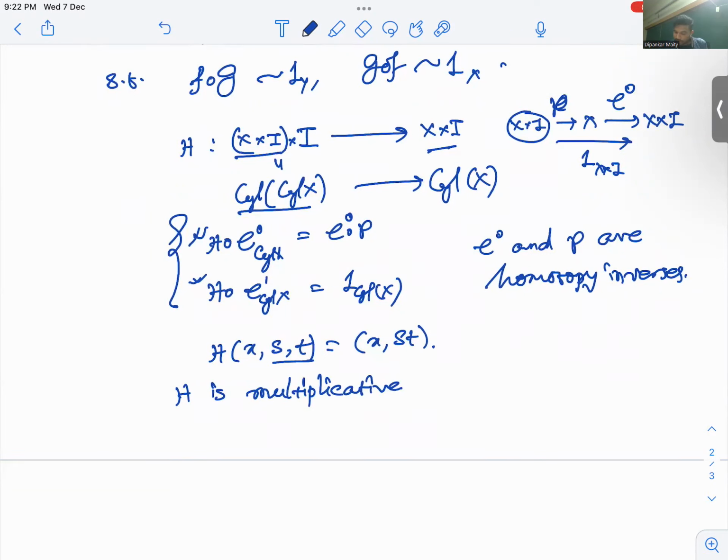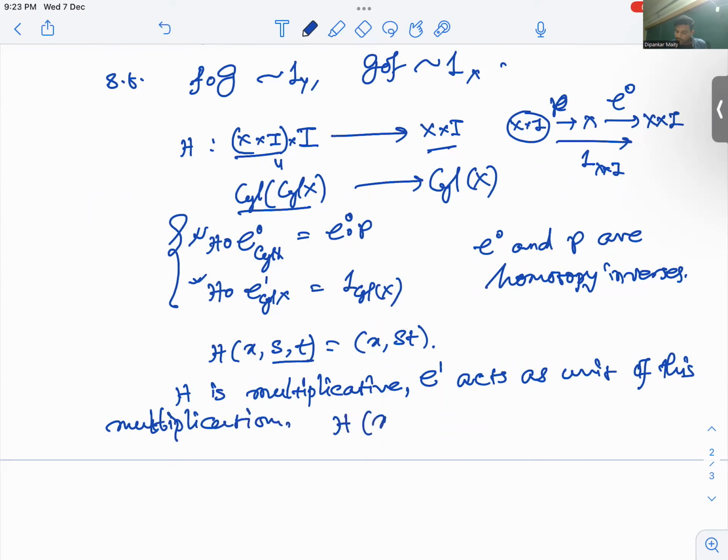And moreover, the right-hand inclusion E1 acts as a unit of this, by which I mean that H of (x, s), if you put t equal to 1, then this becomes H of (x, s). So this part is E1.